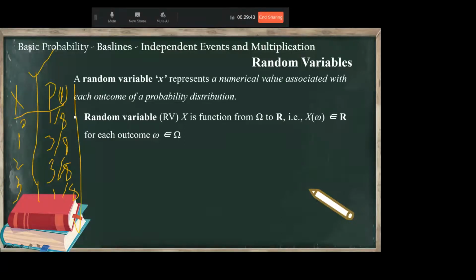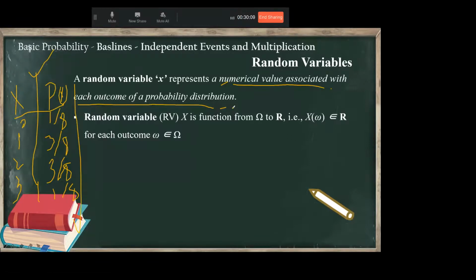What is that numeric number? Here in this example, we have 3 heads, 2 heads, 0 heads, 1 head. That's the numeric number, 0, 1, 2, 3. Hence, a numerical value associated with each outcome.